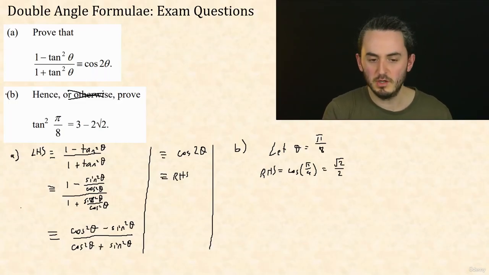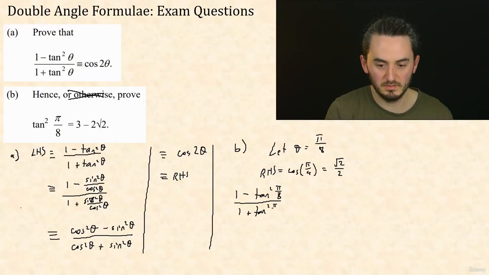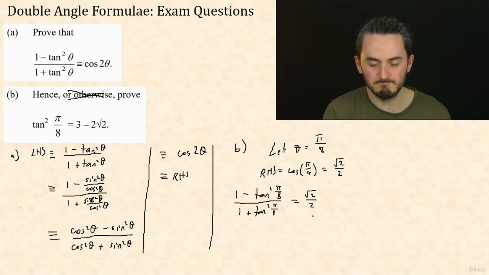So now that we know what the right-hand side is, and we've proved the right-hand side is the left-hand side, I can now say that 1 minus tan squared pi over 8 divided by 1 plus tan squared pi over 8 is root 2 over 2.